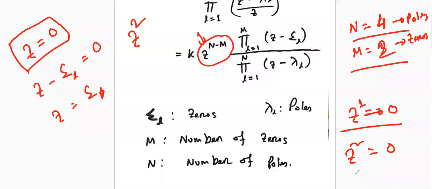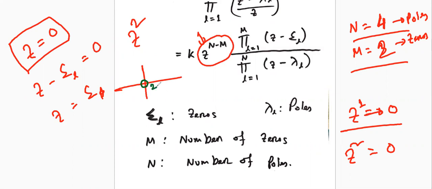In that case, we find that there are 2 zeros at the zero location, which means at the center. At the center, we have 2 zeros. There is one zero, there is another zero, so we represent it by the number.